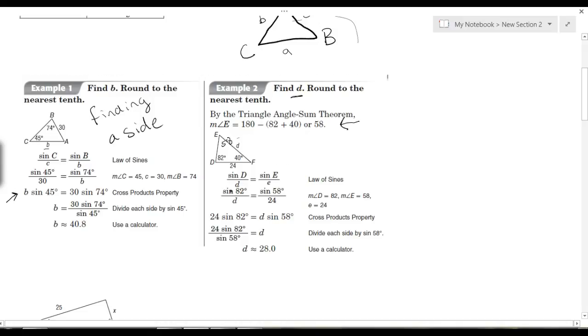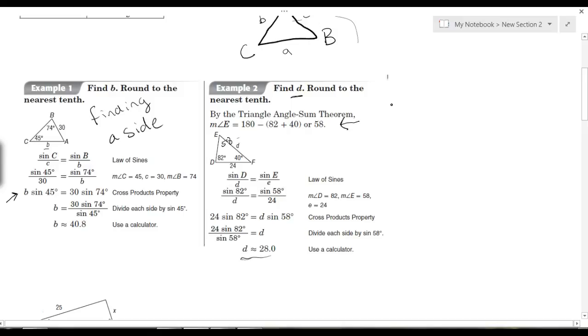Now I can set up my proportion. So sine of D over D is sine of 82 over D, which is what we're looking for, and that's equal to sine of 58 over 24. We'll go ahead and cross multiply, then we'll solve for D by dividing both sides by sine of 58, and again they've done it in the calculator for us already.